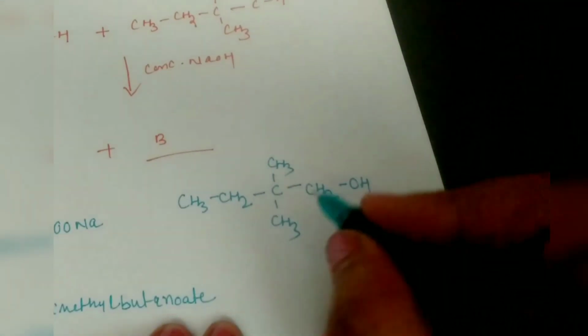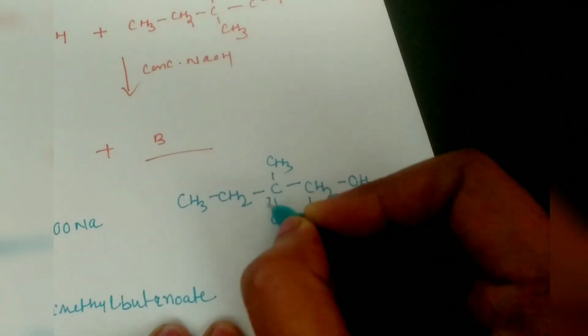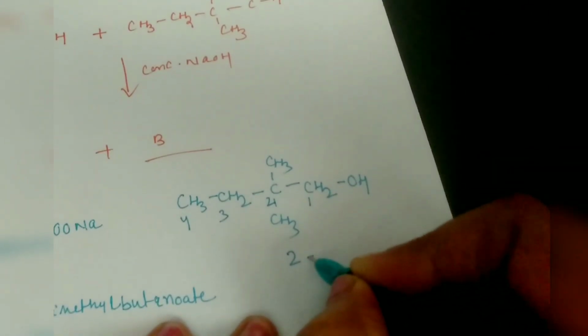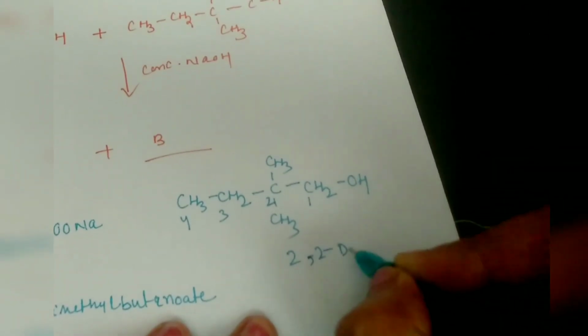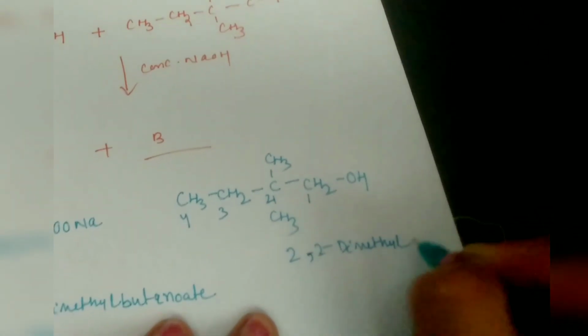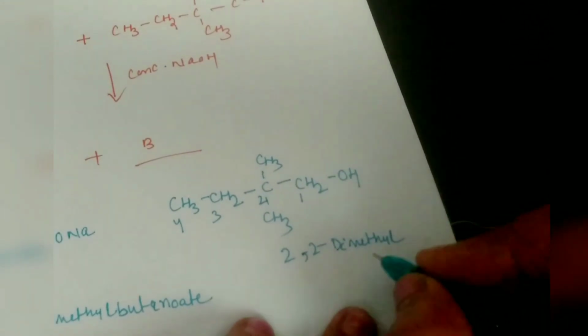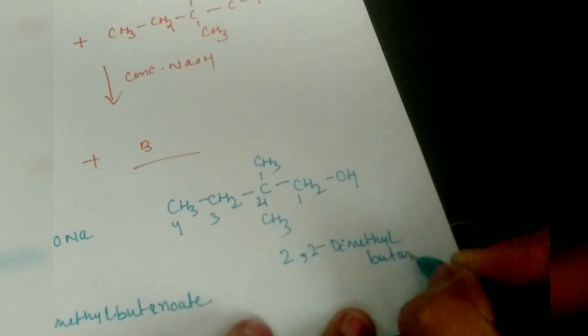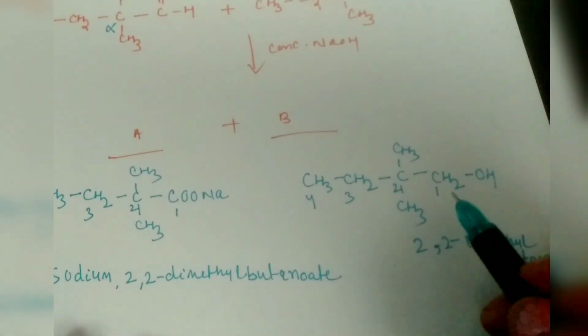This one is butanoate. The only difference is between the methyl and ethyl group. Now next is, 1, 2, 3, 4. So here it is 2,2-dimethylbutanol. Okay, this is your A product, this is your B product.